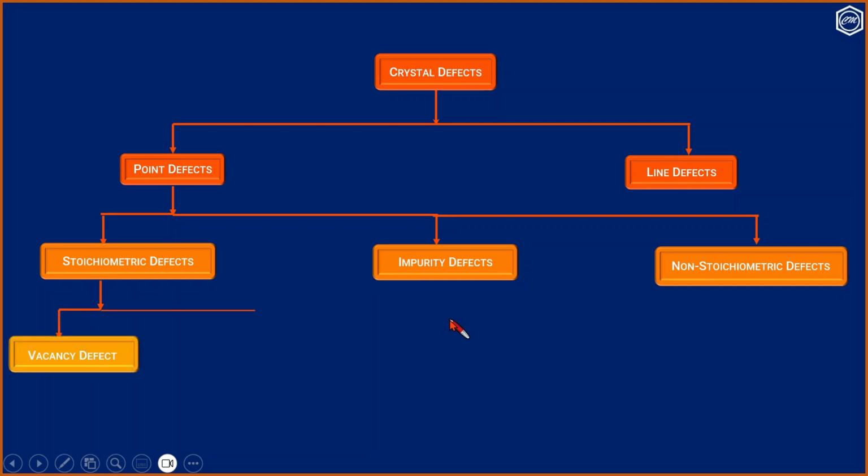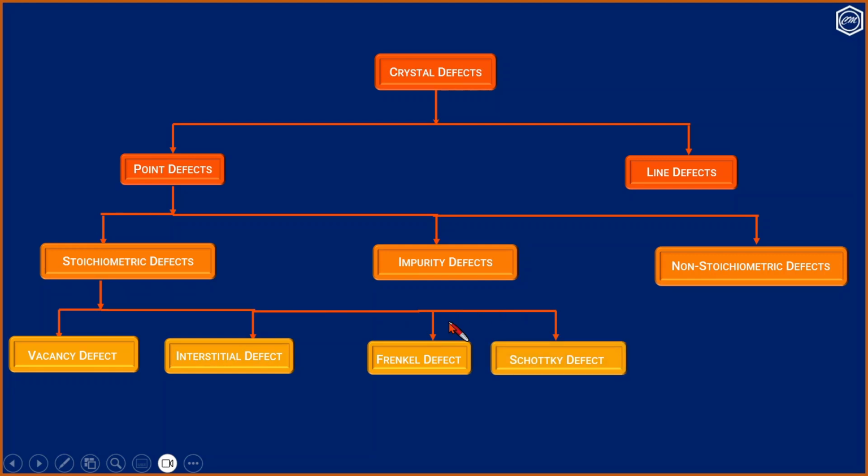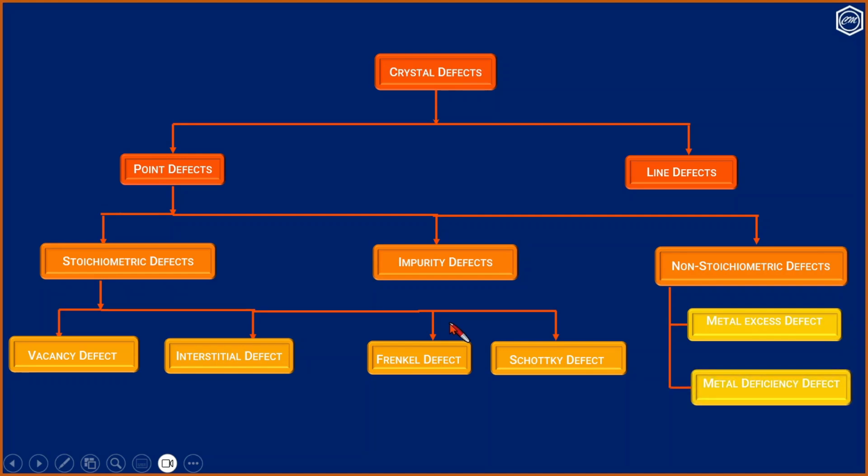Stoichiometric defects are further classified into vacancy defect, interstitial defect, Frenkel defect, and Schottky defect. Non-stoichiometric defects are further classified into metal excess defect and metal deficiency defect. We need to study only point defects.